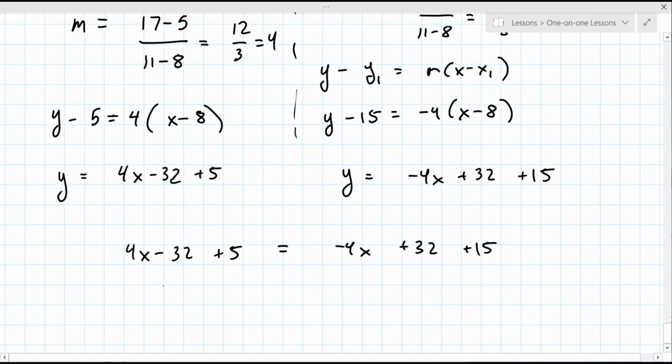I'll move the negative 4x over here, so you get 8x. This is minus 27. So if I add it over here, you get 84. I think it's 84. And then x equals 10.5 for your equilibrium quantity. I'm sorry, your price, not your quantity, your equilibrium price. We'll submit the answer to that.